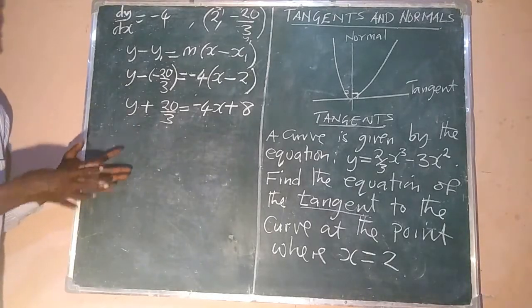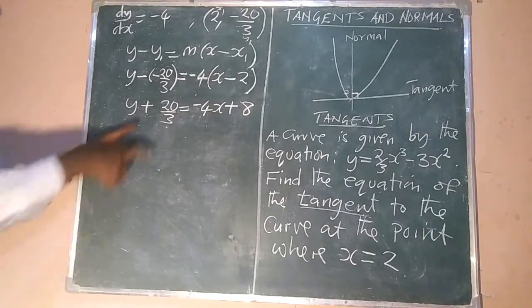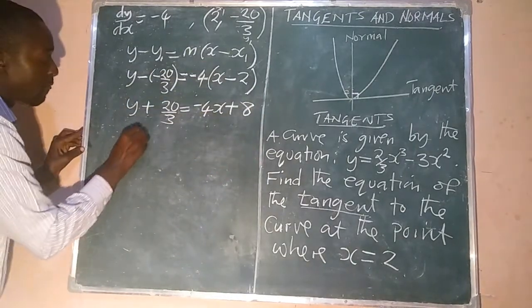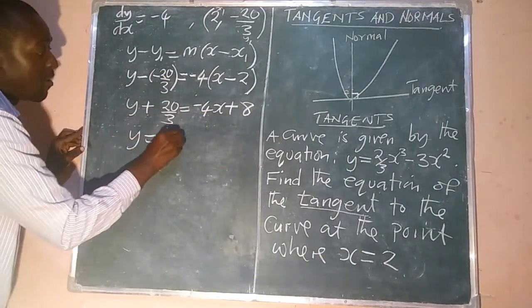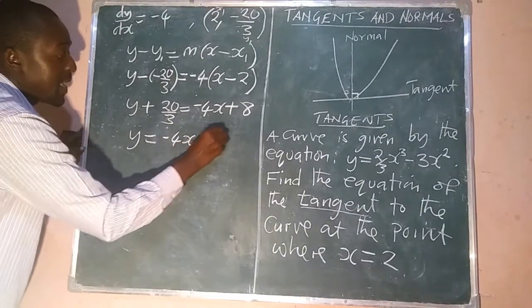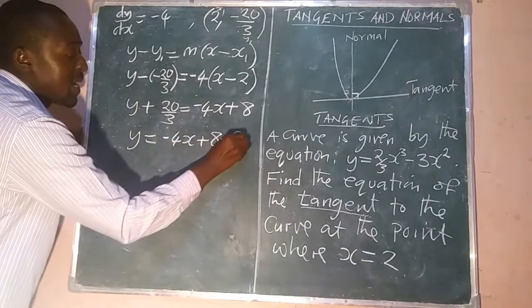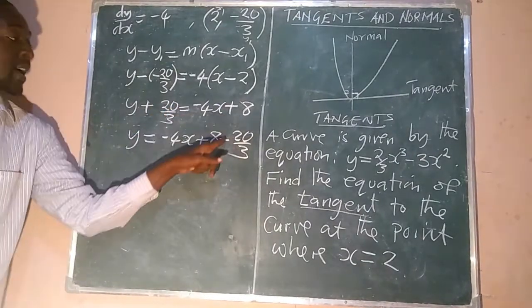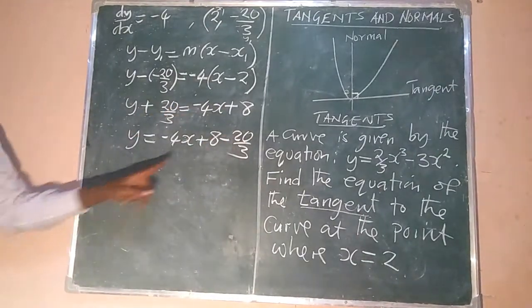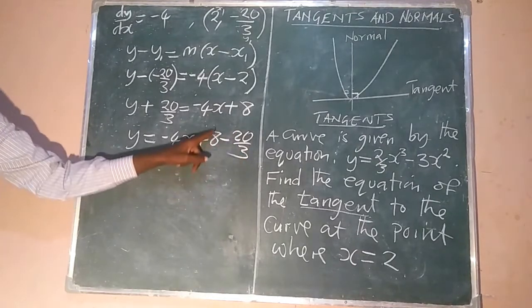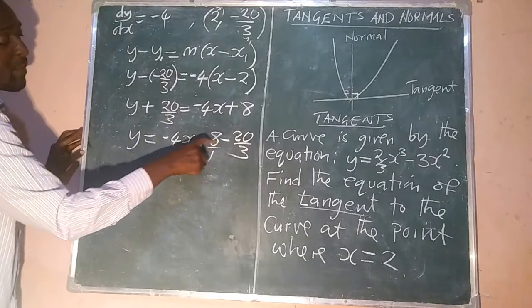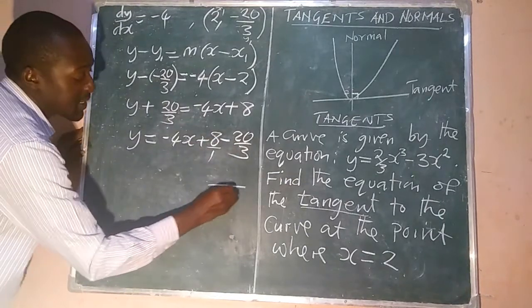Now you can write it in another form by moving this 20 over 3 to the other side of the equation. So y is equal to negative 4x plus 8 minus 20 over 3. When the 20 over 3 goes there, it becomes minus. Then we simplify these two. The common denominator between the two is 3.